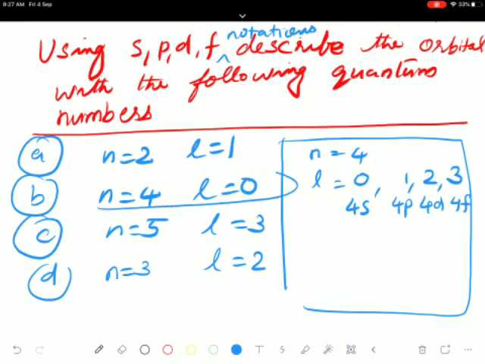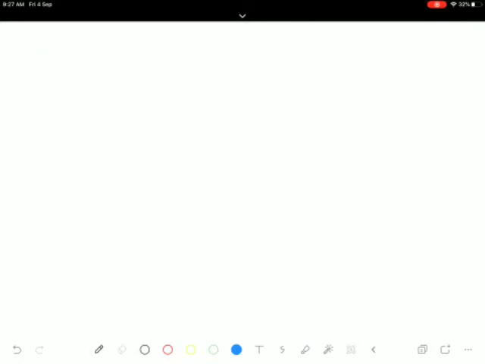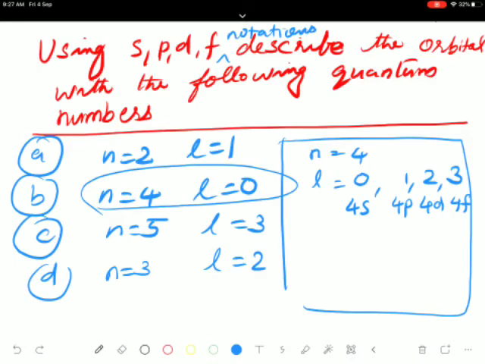So what is the answer to this question? It is 4s. When L is equal to 0, it is the s orbital, 4s. When L is equal to 1, 4p. When L is equal to 2, 4d. When L is equal to 3, 4f. Next.